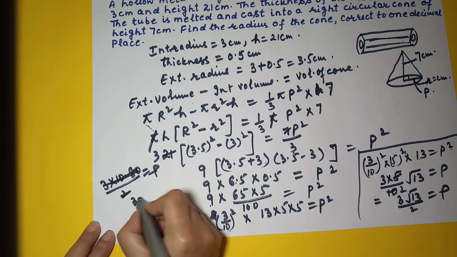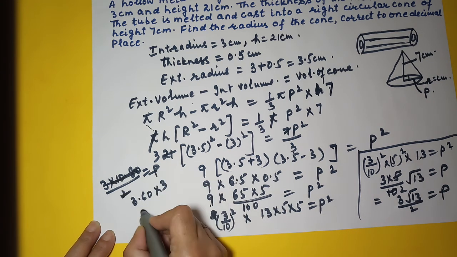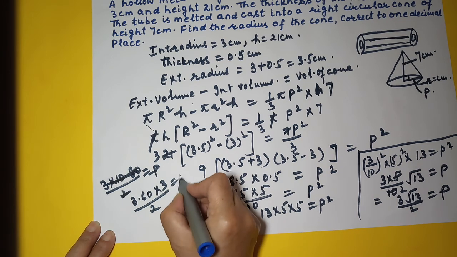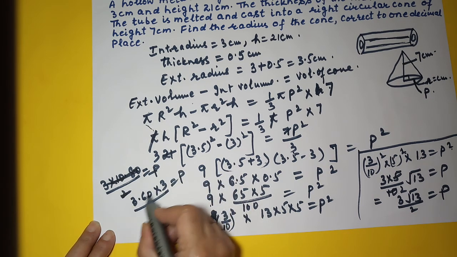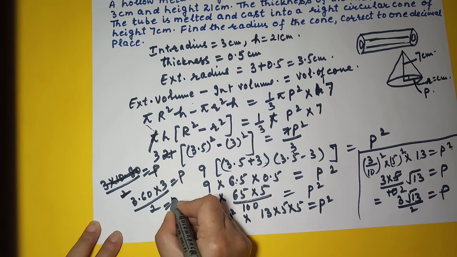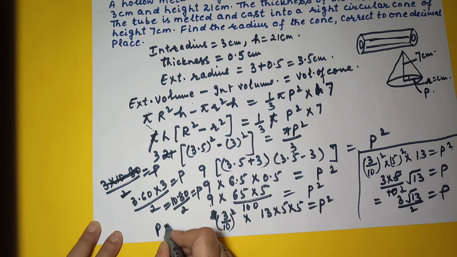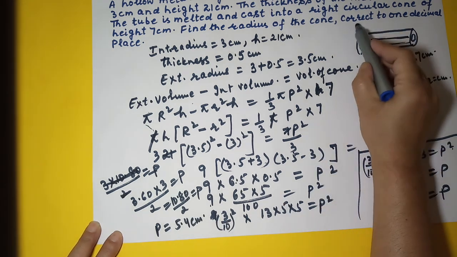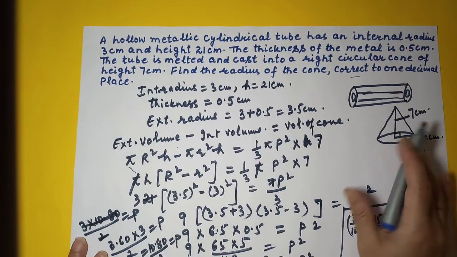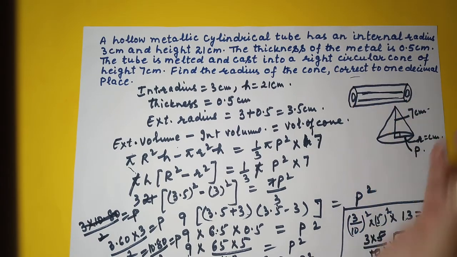So 3.60 into 3 upon 2 you have, which is equal to p. So this will become 10.80 upon 2, which is your p, or your p can be written as 5.4 centimeters. He has asked you to write it correct to 1 decimal place.